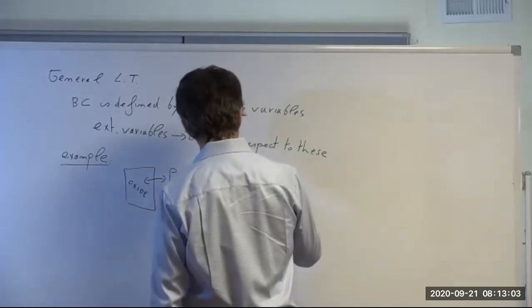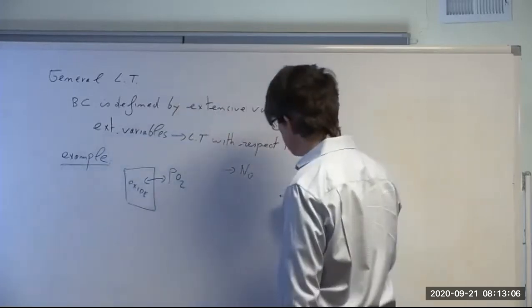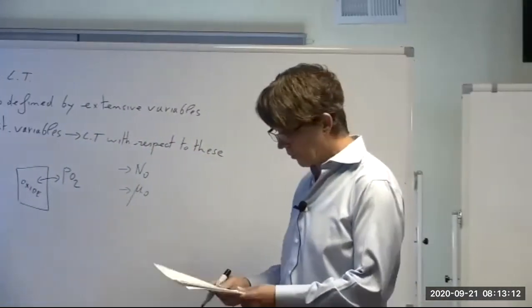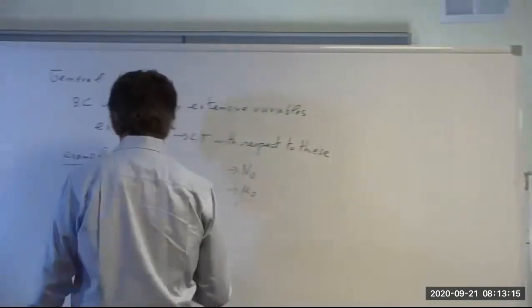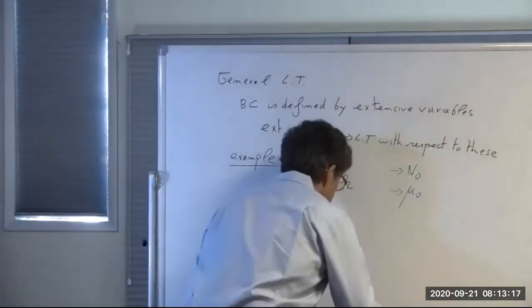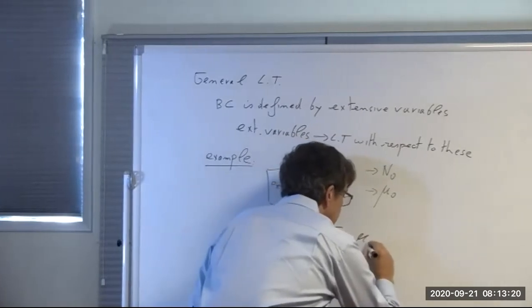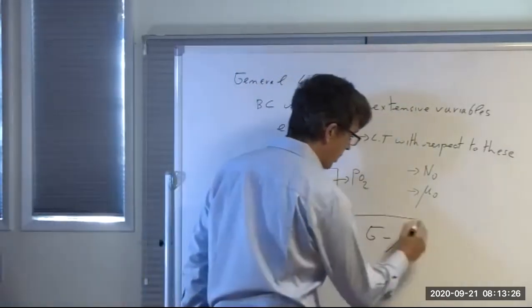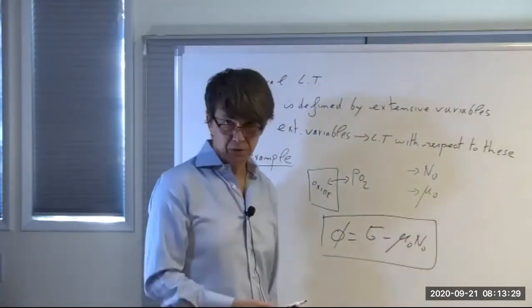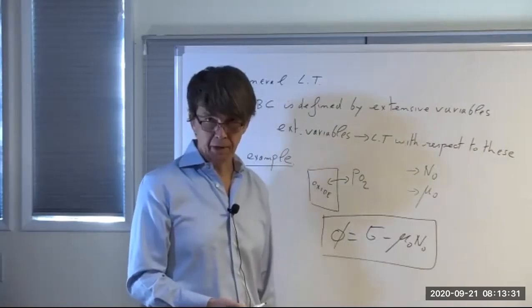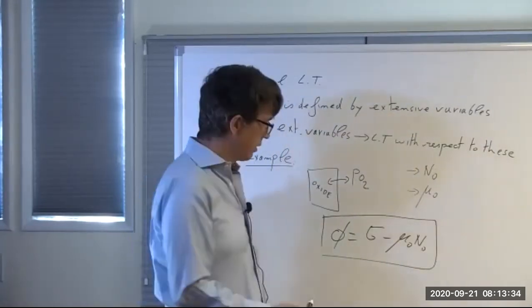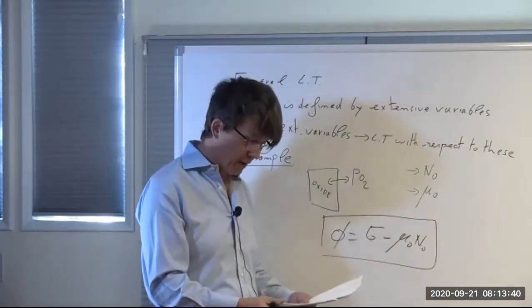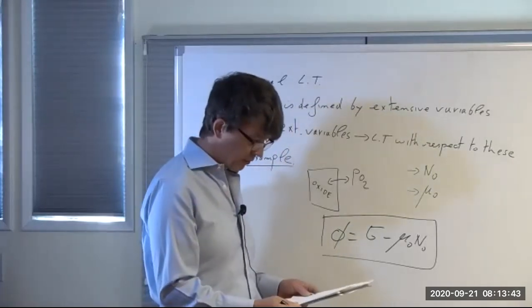So there's an extensive variable that you could say is the amount of oxygen. To that corresponds a chemical potential of oxygen, which is its conjugate. So what I would define as a potential, phi, is G minus mu_O N_O, where the O stands for oxygen. So rather than using Gibbs free energy, this is called a grand canonical potential. Usually grand canonical reflects systems that are open. This thermodynamic potential is the one you would optimize to find equilibrium in open boundary conditions.